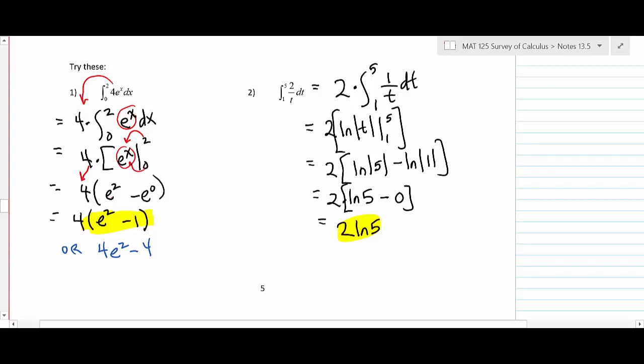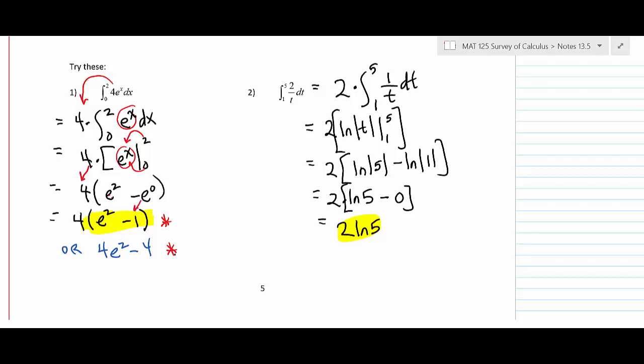So your antiderivative is e to the x, the 4 comes down, and you have e to the second minus e to the 0. E to the 0 is 1. So you could actually have either of these two answers. You can leave it in that factored form, or you can expand it. Doesn't matter, they're both the same. But what we typically want is an exact answer. You can go to your calculator and get a decimal approximation, but that's exact. Okay, does that look okay?